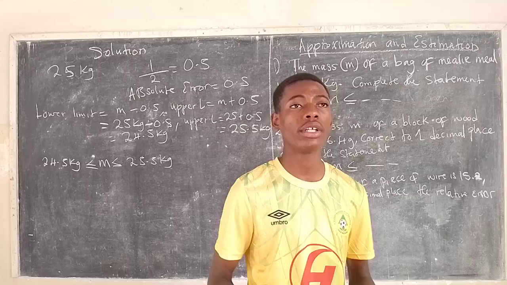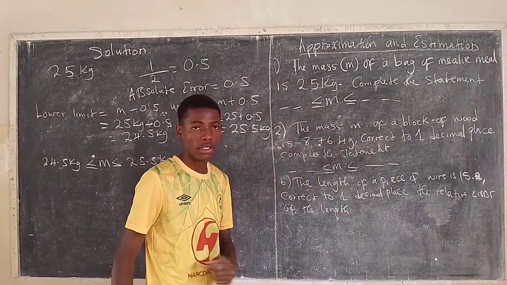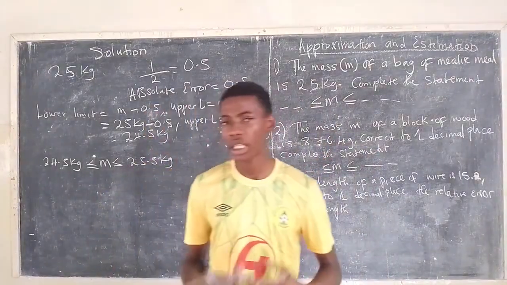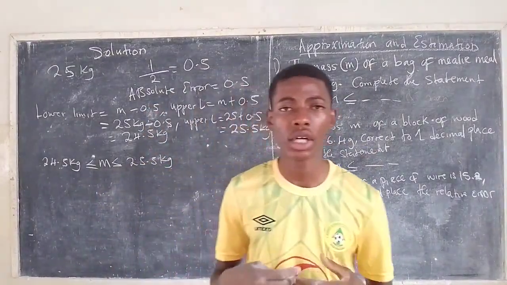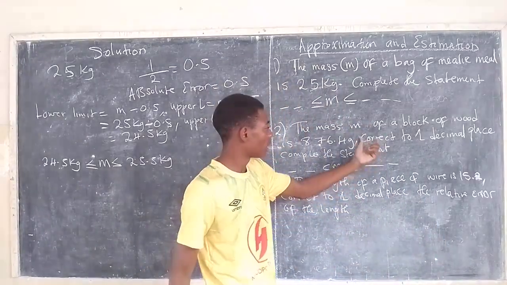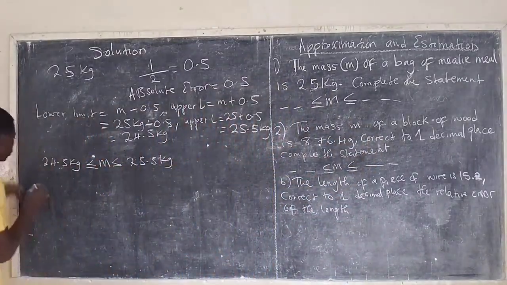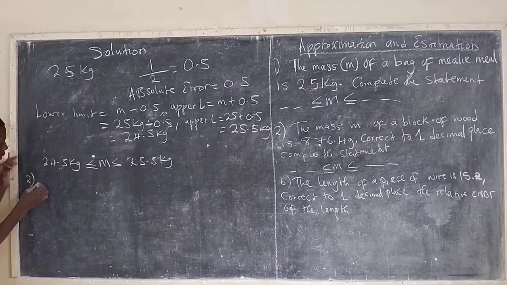Here we are going to do the same. Now the only difference is that here we have a decimal point. So if we have a decimal point, take note that the smallest division that can be measured is, since we have a decimal point, 0.1. So here we are going to find the absolute error.